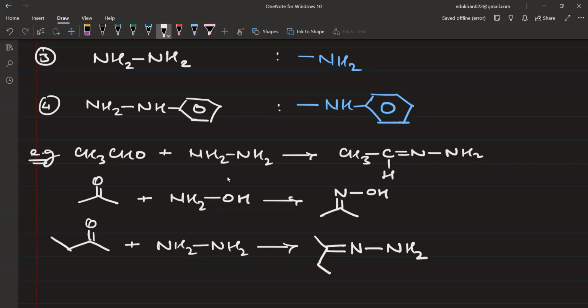These are some structures, and then we will look at the specific reactions of the 7 different ammonia derivatives. We will look at them in detail in the next class.